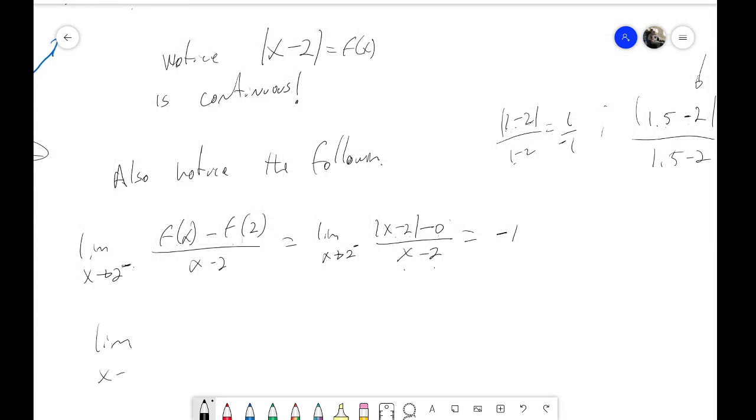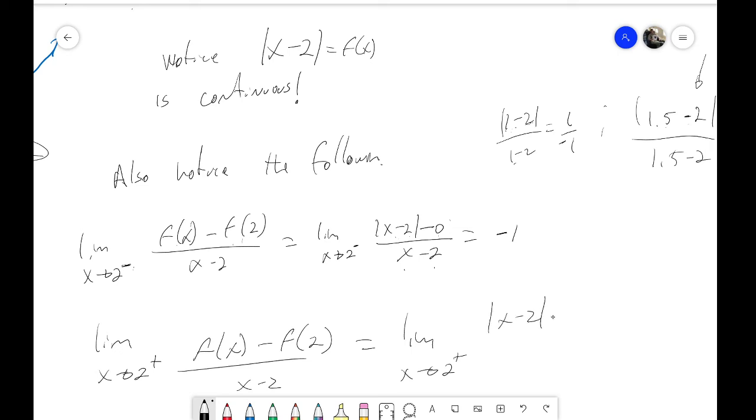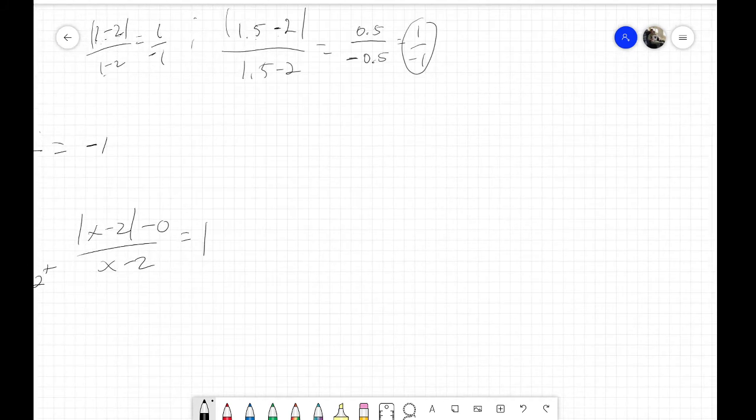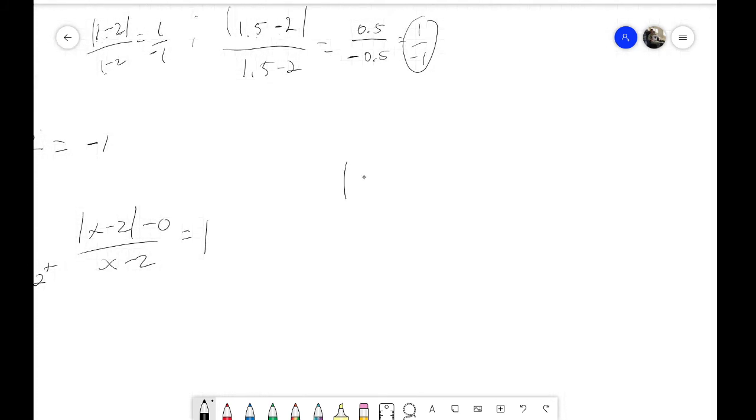If we go from the right side now to 2, we have a similar setup. So we're taking the limit as x goes to 2 from the right side of the absolute value of x minus 2 minus 0 over x minus 2. But this now is going to be equal to 1, and for the same reasoning, we are picking values bigger than 2 because we're going from the right.